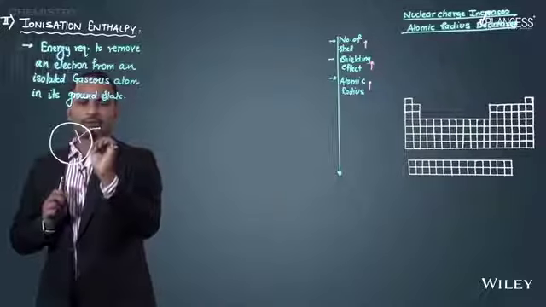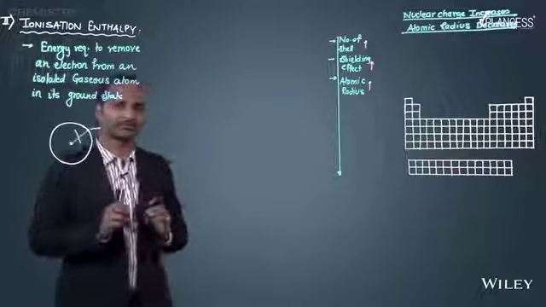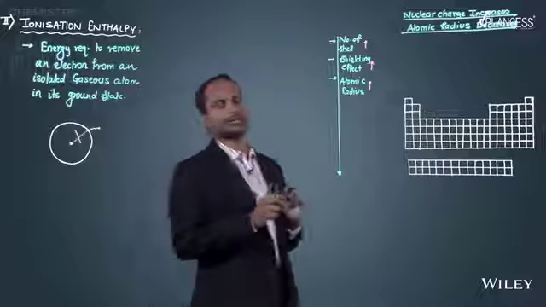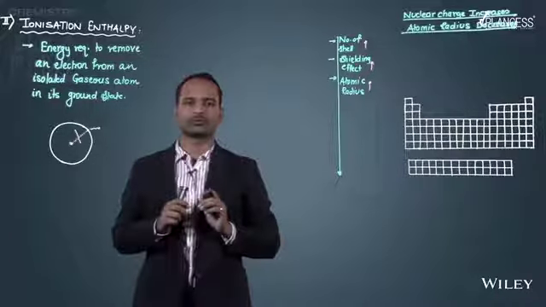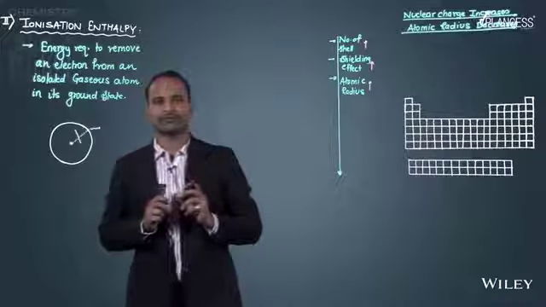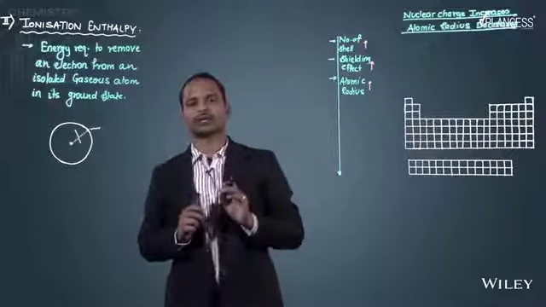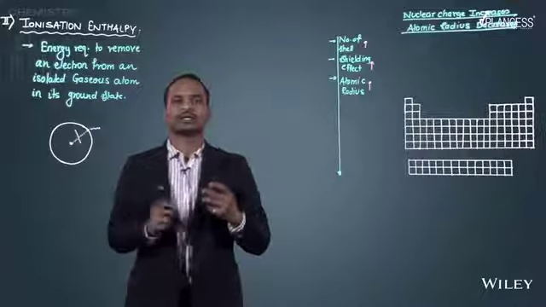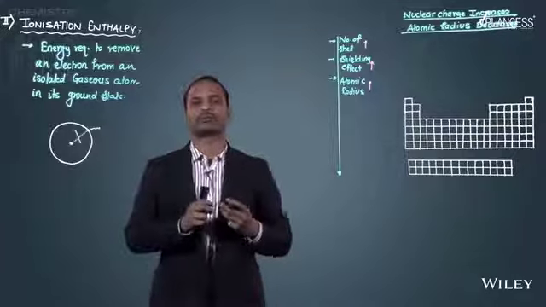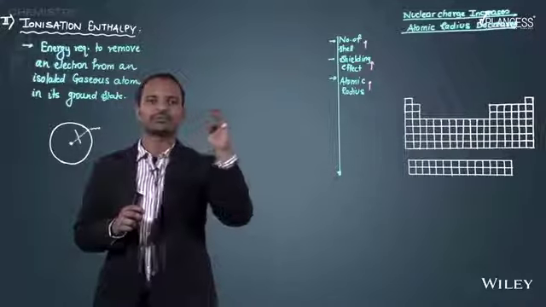Now, to remove the electron from the outermost shell, how much energy will be needed? It totally depends upon the attraction between the nucleus and the outermost shell. If the attraction is weak, a lesser amount of energy will be needed, and hence the ionization enthalpy will be low. But if the attraction is strong, more energy is required to break it, and hence the ionization enthalpy will be high.